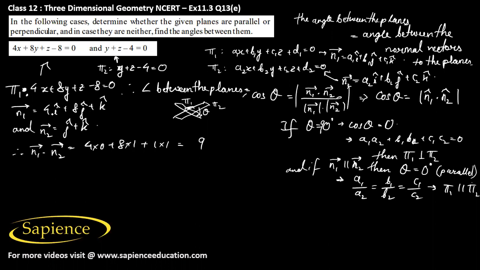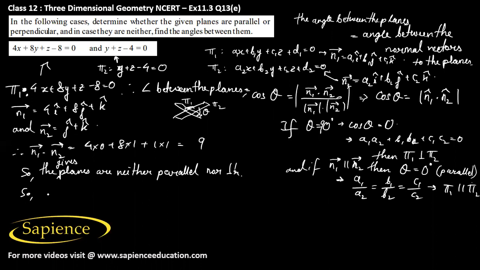And also the ratios of the direction ratios along the normals are not the same. So I will tell that the given planes are neither parallel nor they are perpendicular.